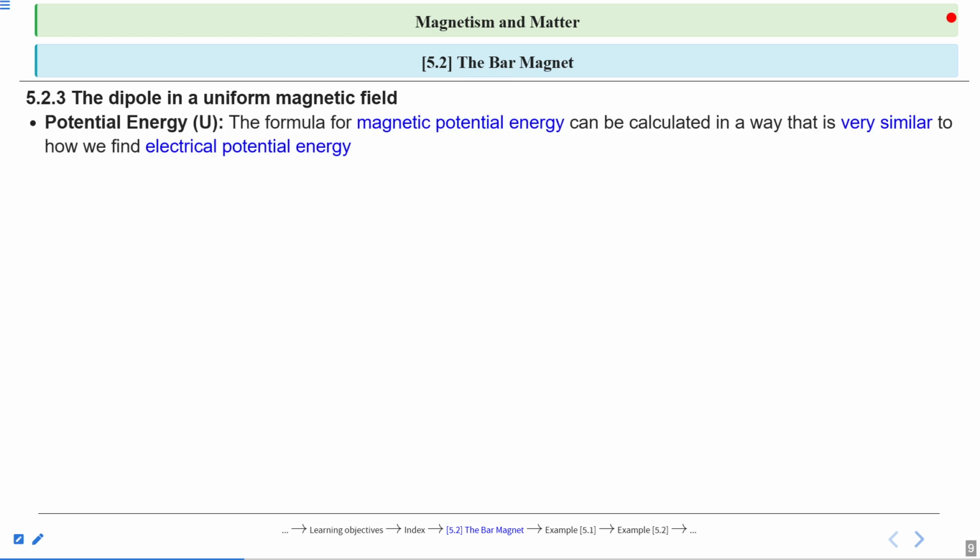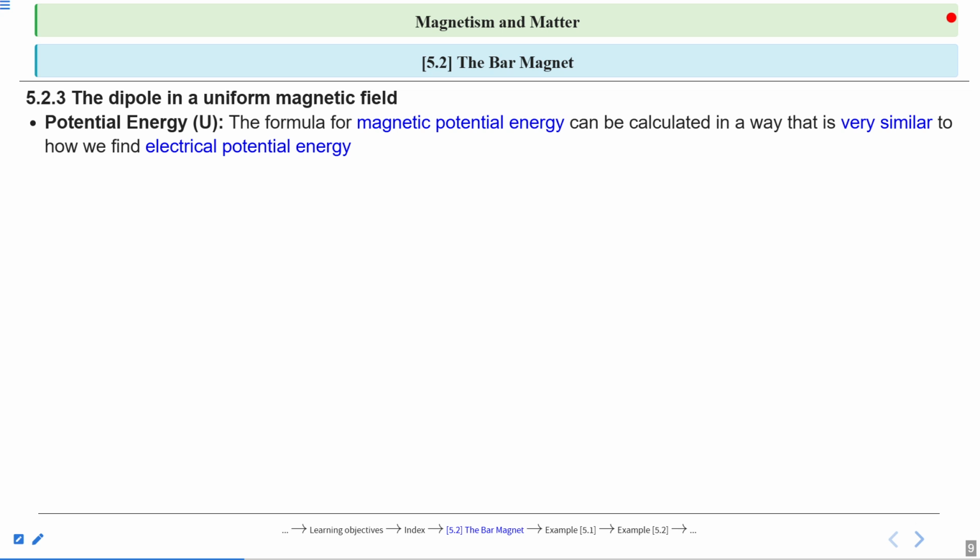Now we will calculate the potential energy. The formula for magnetic potential energy can be calculated in a way that is very similar to how we find electric potential energy. In the electrostatics chapter, I already mentioned at the beginning that you have to draw all the analogies with electrostatics, electric fields, or the electric dipole moment.